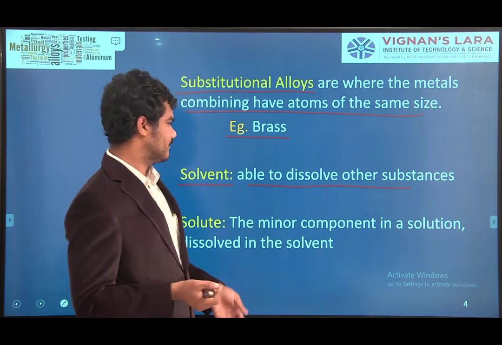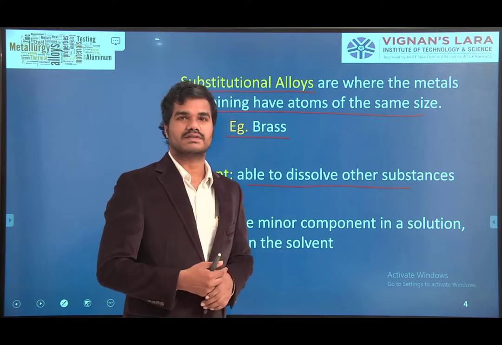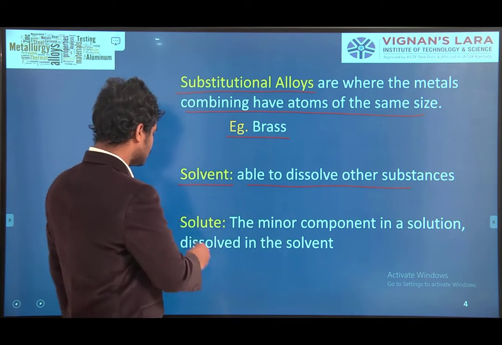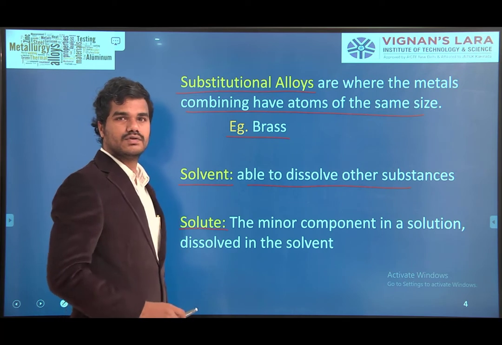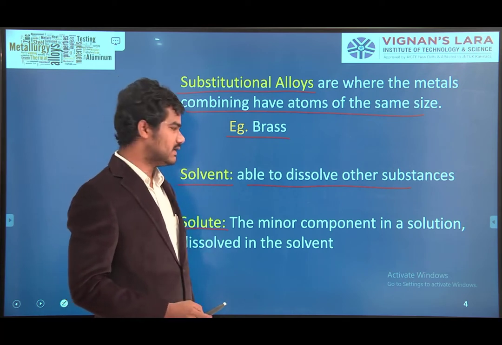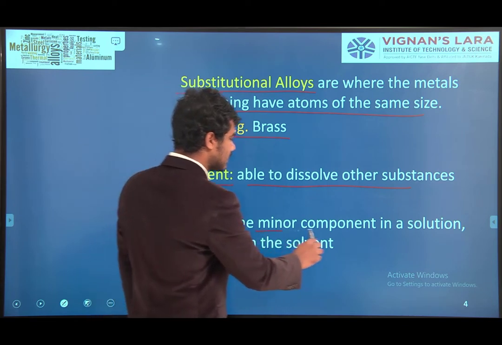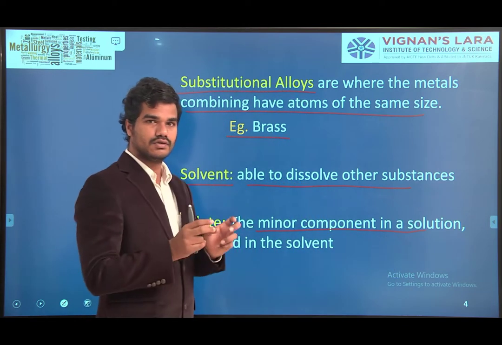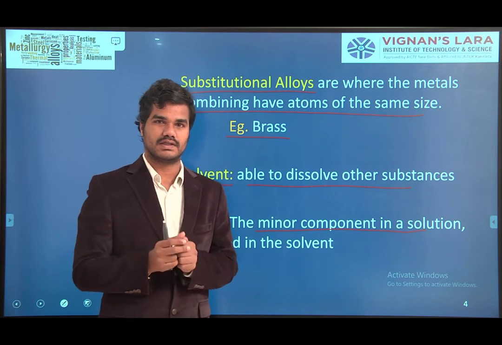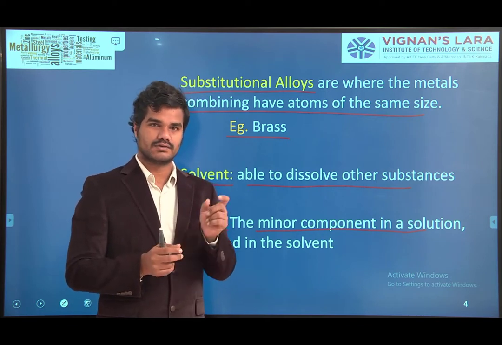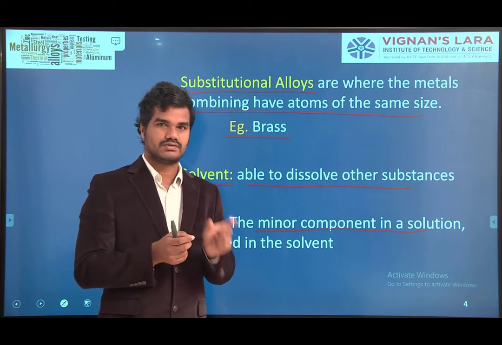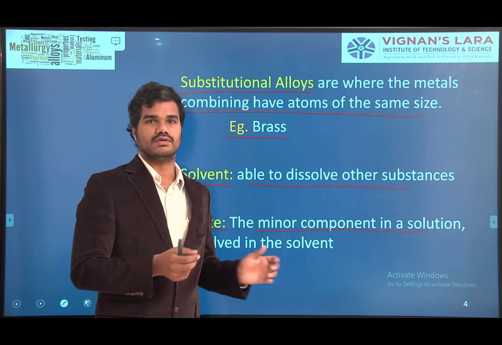Solvent is simply able to dissolve other substances. Solute: what is solute? The minor component in a solution. In a solution, solvent and solute are there. Solvent is the major component. The minor component is solute.